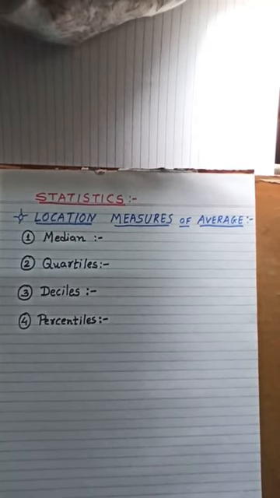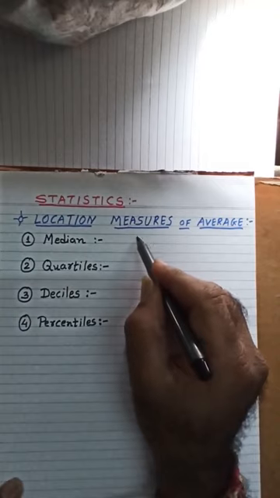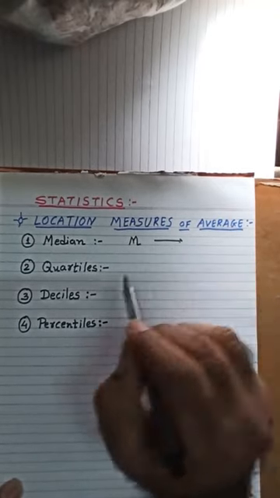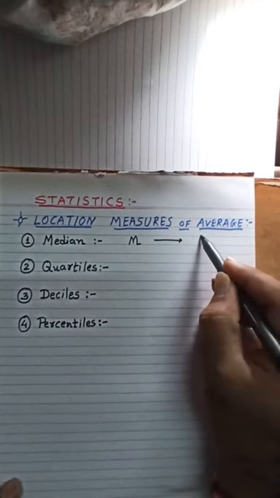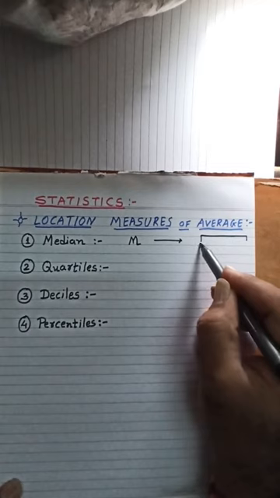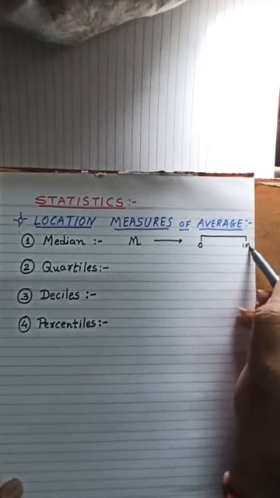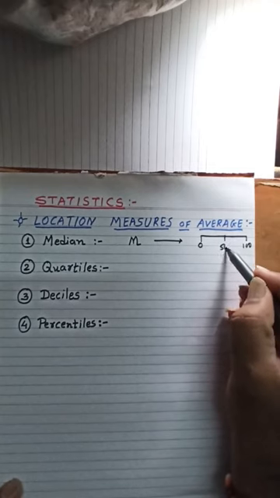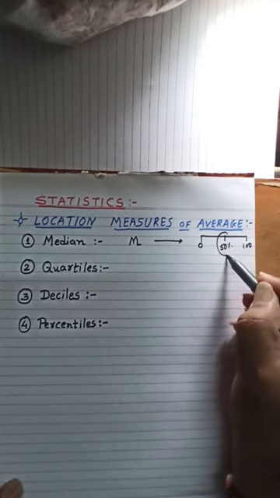Median will be denoted by M and median will be located exactly at 50% of the data, or at exactly the middle of the data.